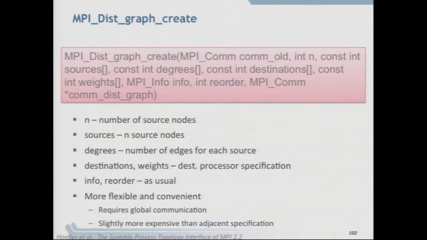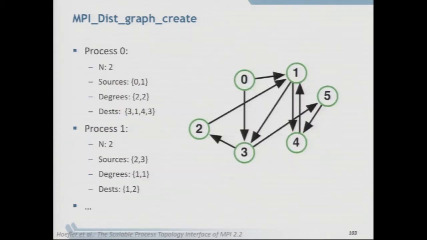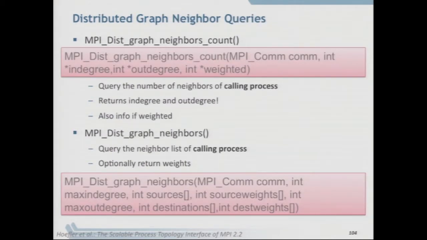So it's just a different way of conveying this graph information. And again, it's up to MPI to optimize it. It's more flexible than the previous one, where you have to specify your own information. Here, somebody can specify the whole graph, or some subset of processes can specify, as long as the whole graph gets specified. I won't go into the details of this, because it's just syntax, and this is an example of how you would pass that, but that's again just syntax.